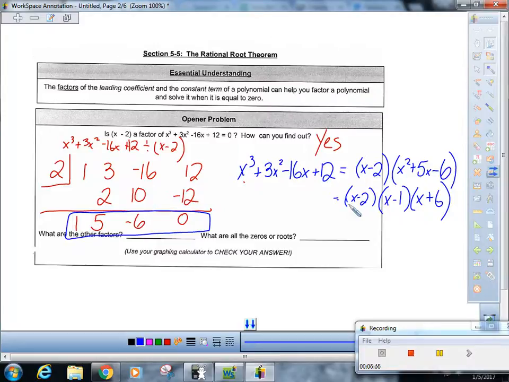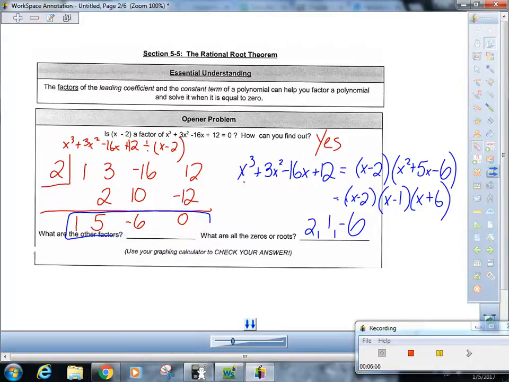All right, so now that we got it to this, what are the zeros? 2, 1, and -6. And when it asks for the factors, those would be x minus 2 times x minus 1 times x plus 6. Okay?